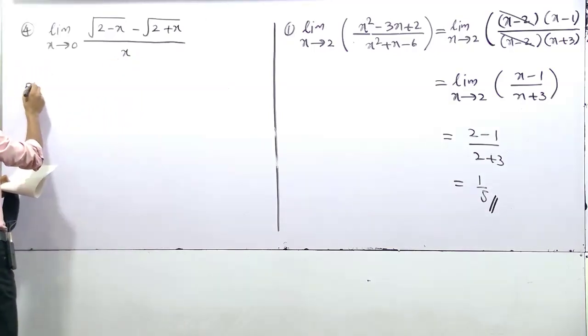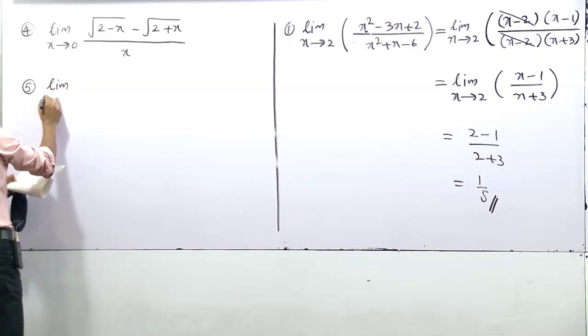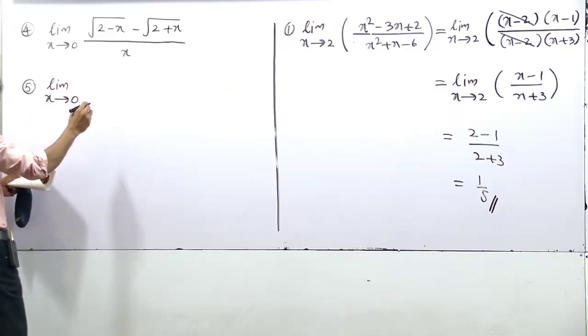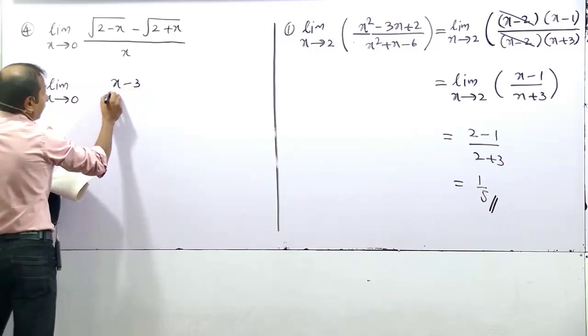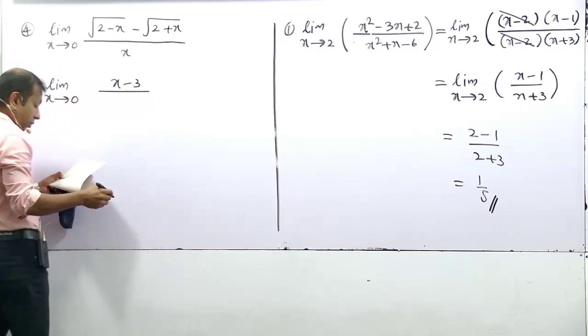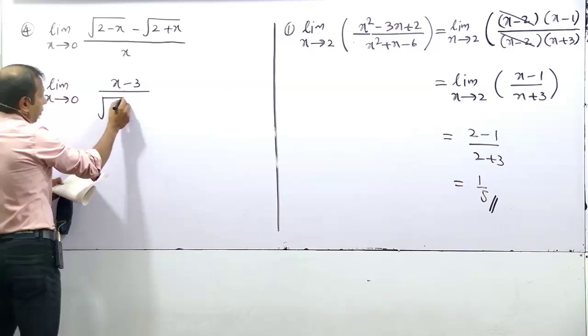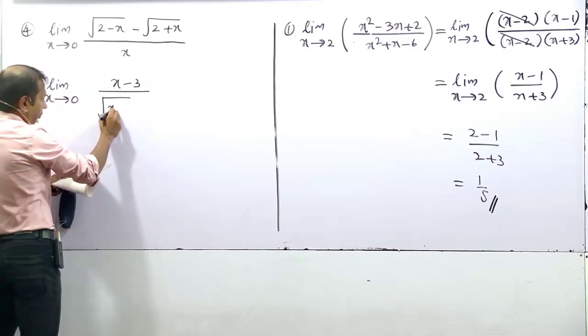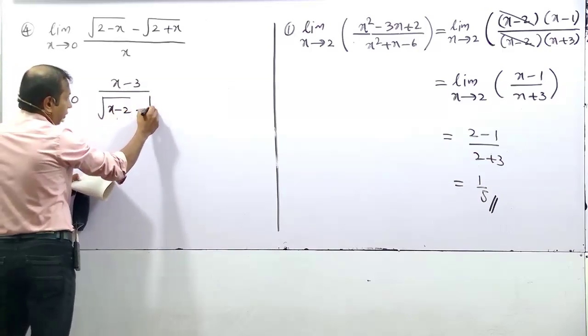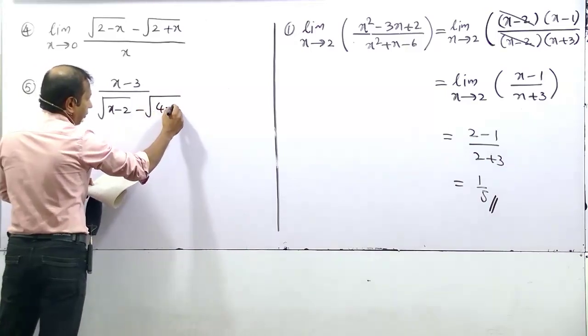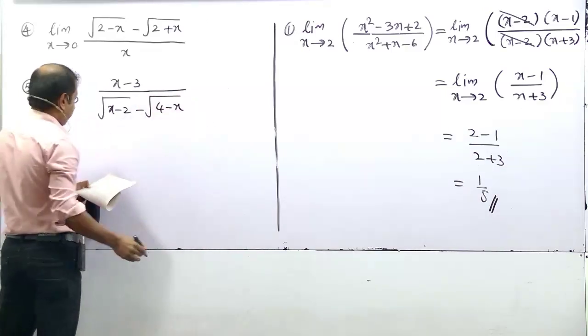Fifth one: limit as x goes to 0 of root of x minus 2 minus root of 4 minus x, like this.